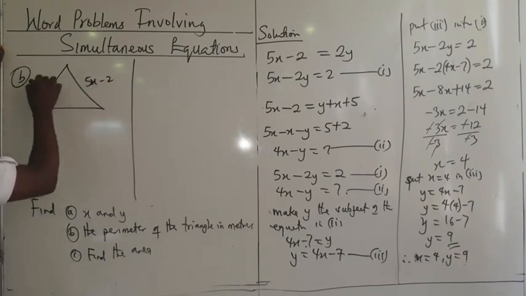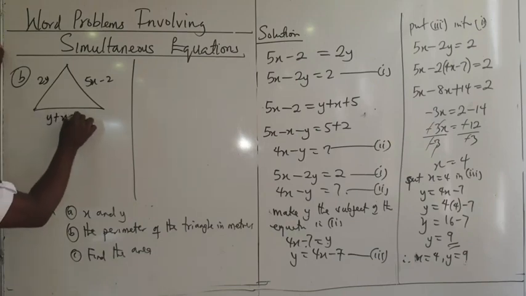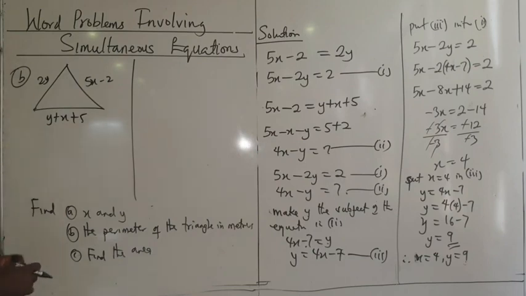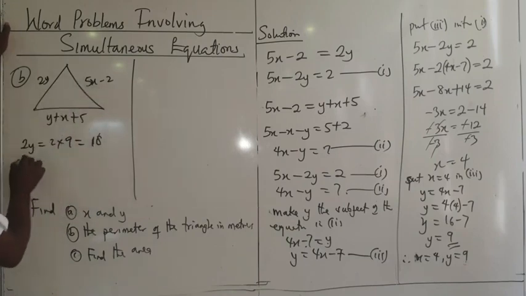We have 2y here, and we have y plus x plus 5 here. So it means we put the value in all of them. So 2 times y. This one, 2y will then be 2 times 9. And that is 18.